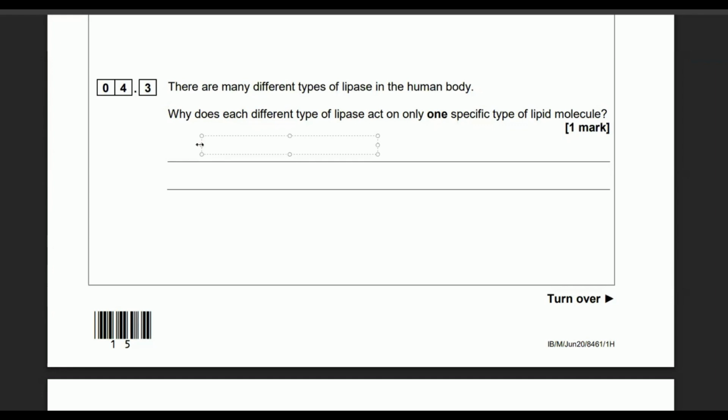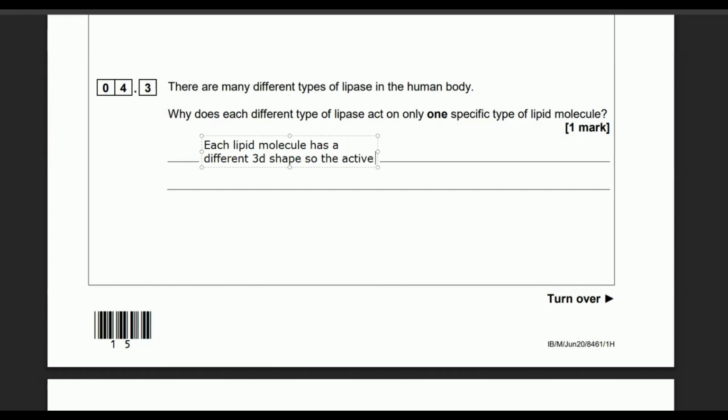Why? And the idea is it's really simple. Each lipid molecule has a different shape. I'm going to put a fancy answer, so it has a different 3D shape.